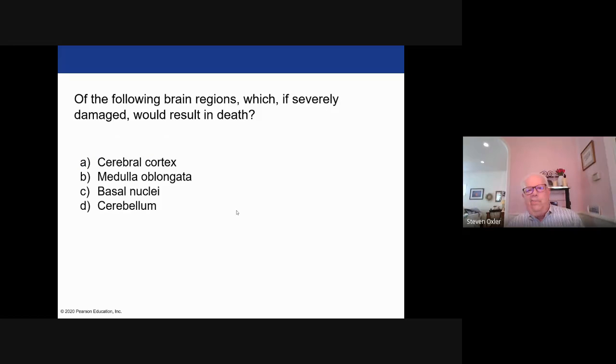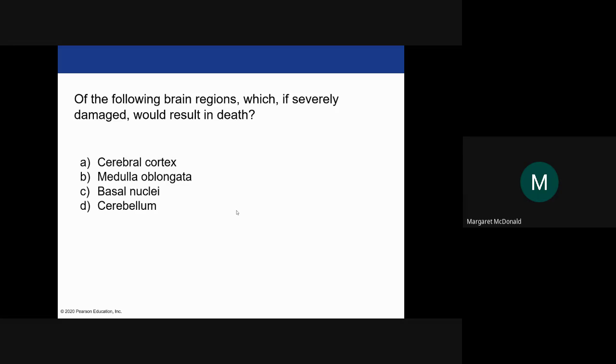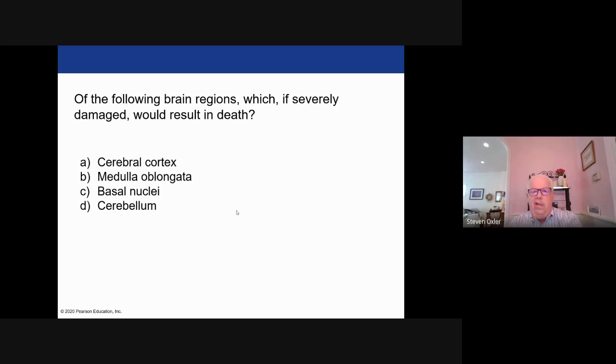Of the following brain regions, which, if severely damaged, would result in death? Cerebral cortex. No, you can live with a cerebral cortex that's severely damaged.